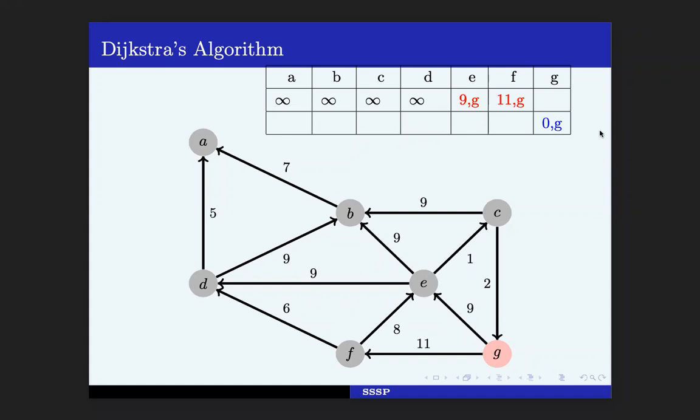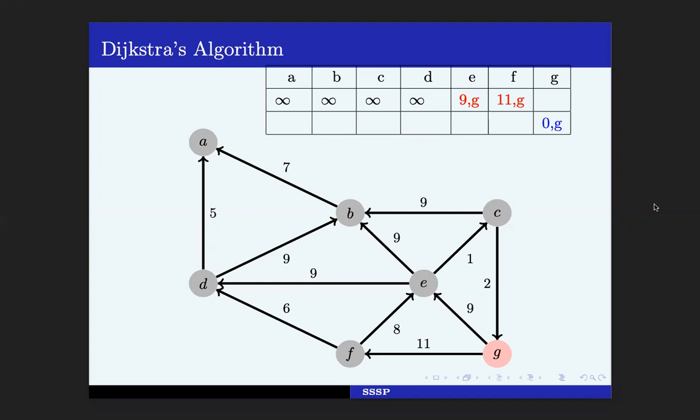At this point, the only thing that we have seen is these two edges, G to E and G to F. We don't have any idea about the rest. But now, Shantanu, is it possible that there is a path from G to E of length less than 9?